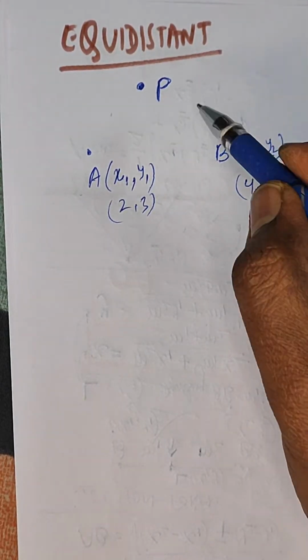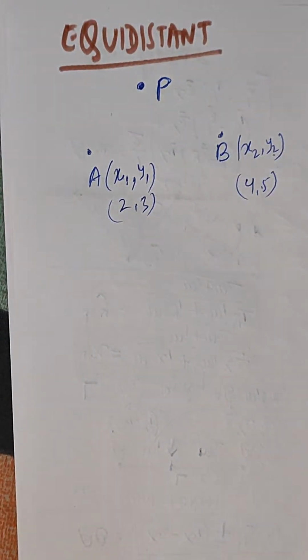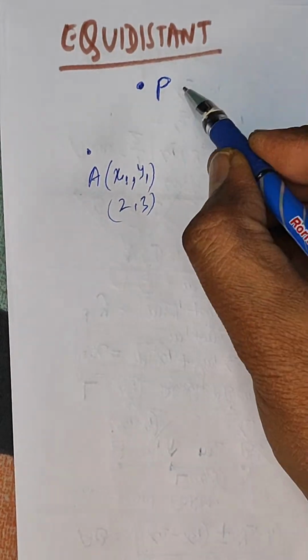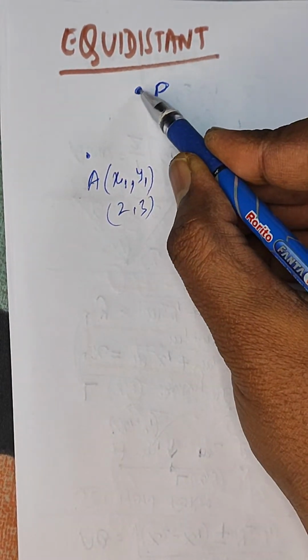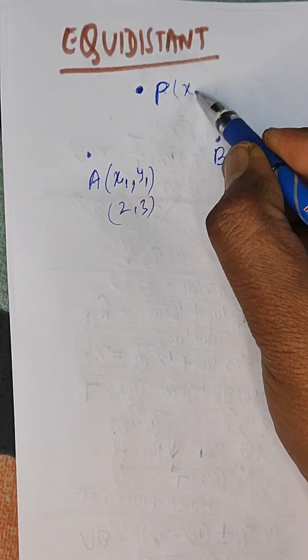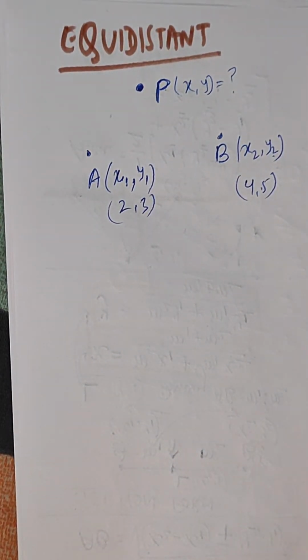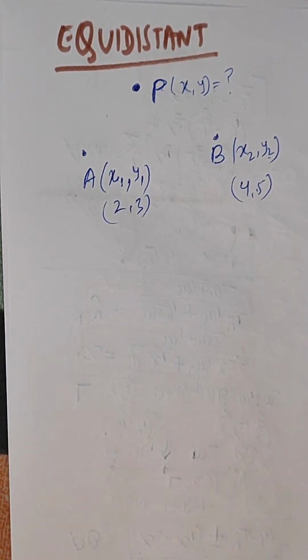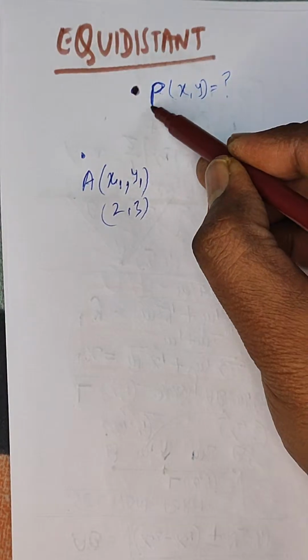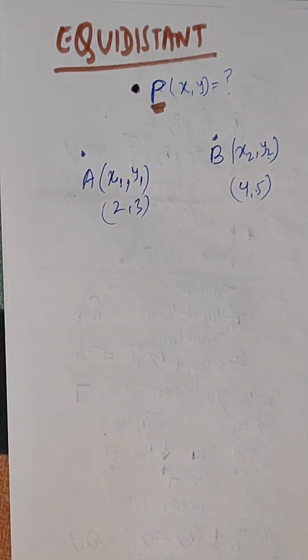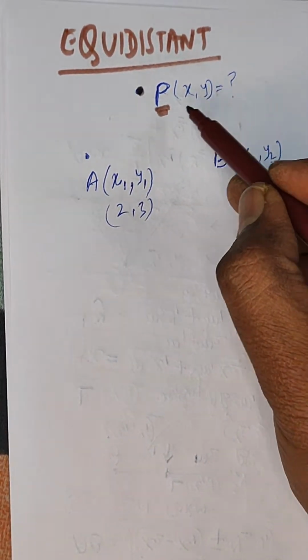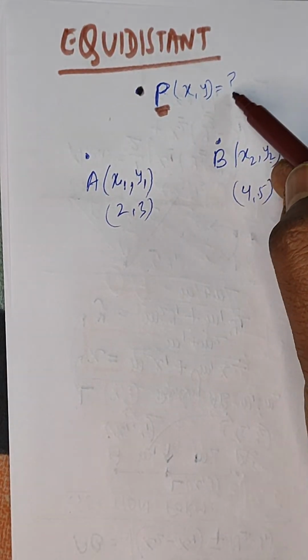Right, then what is the value of this? What is the coordinate of P? That means this can be a question. Okay, so my dear friends, here we need to understand this point P, the coordinates of this point P need to be calculated, right?